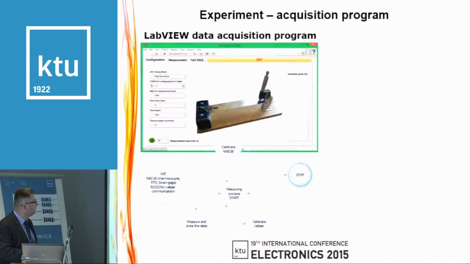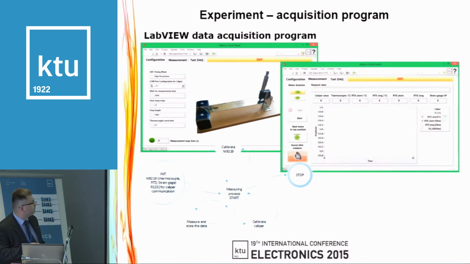Here you can see a simple state machine. In such a way we prepared a program to make the measurement process automatic. We only apply some properties in this program, and the whole measurement process is automatic.